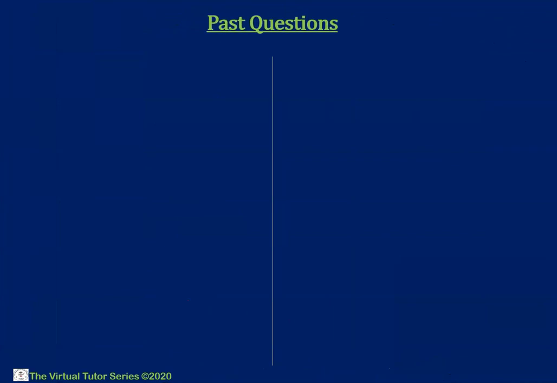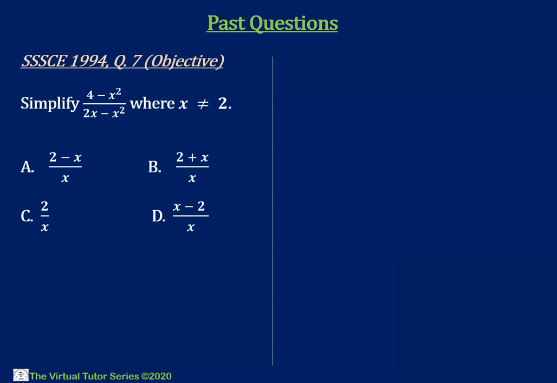We begin with objective question 7 of SSSCE 1994. The question says, simplify (4 - x²)/(2x - x²), where x is not equal to 2.